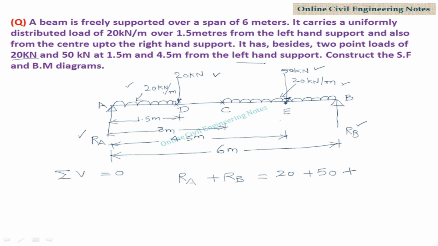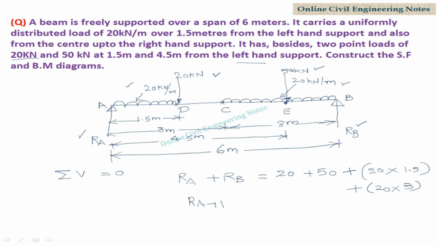First one is 20 kN per meter which is acting over a distance of 1.5 meter. So it can be converted into point load. 20 is the UDL intensity into distance 1.5 meter. So that we are converting this UDL into point load. Plus another UDL is 20 kN per meter which is acting for a distance of 3 meters. So 20 into 3 meters.